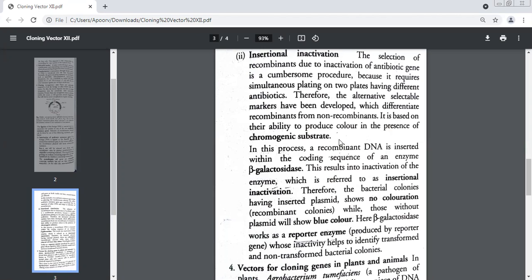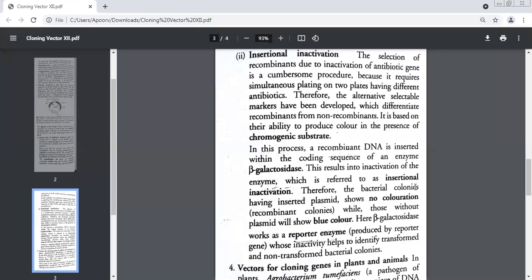This process is called insertional inactivation. Because we inserted what? Recombinant DNA. What did we insert, children? Recombinant DNA. And what became inactive by insertion? Beta-galactosidase. Yes. So by inserting, this became inactive.